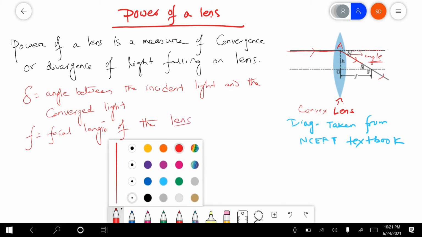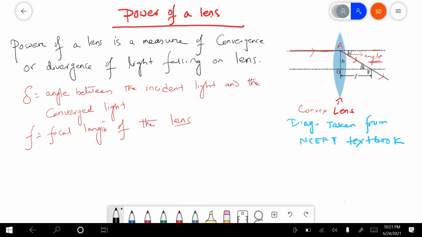So from the figure, tan delta is equal to H by F.